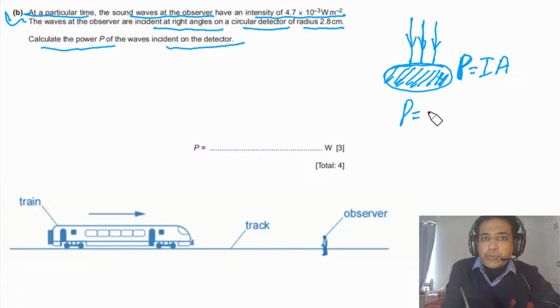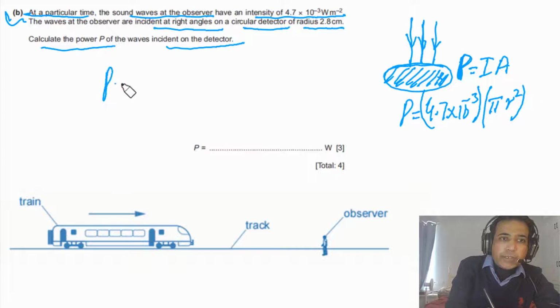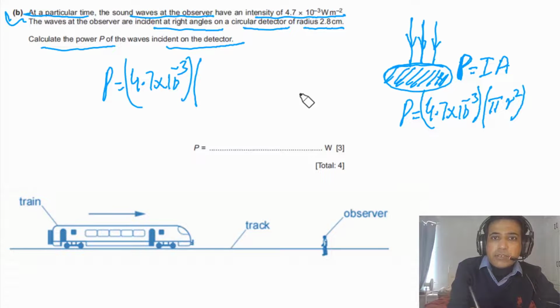So power will be equal to intensity. The value of intensity we have, that is 4.7 times 10 to minus 3 watts per square meter. And the area of a circle we can find, that will be equal to pi times r squared. So simply we can write here power will be equal to 4.7 times 10 to minus 3. So this is the intensity, and we have pi multiplied by r.